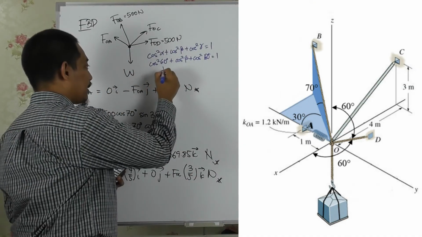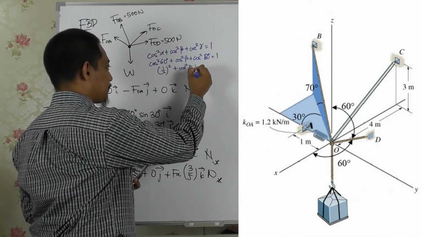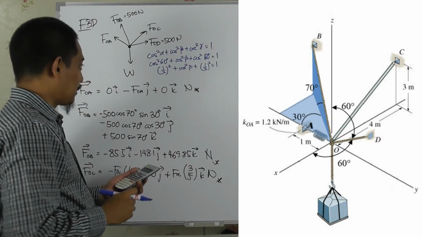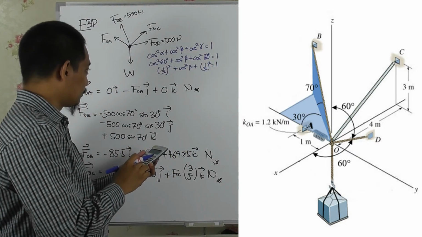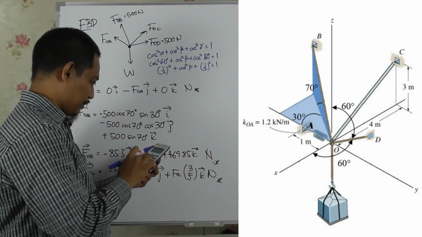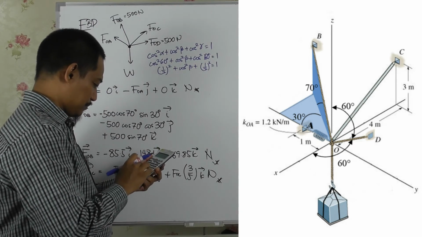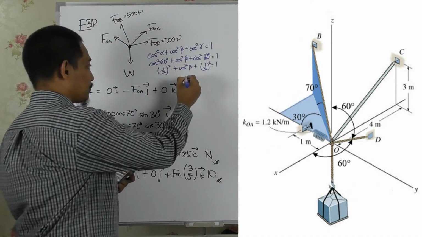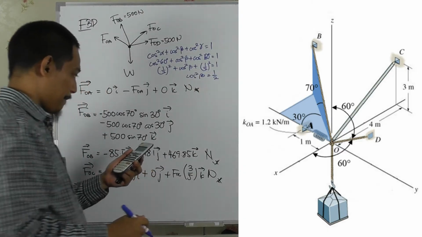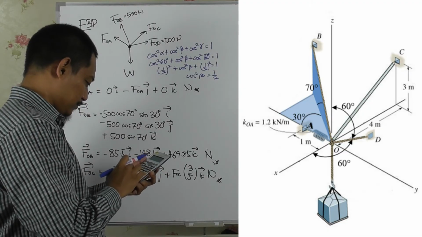So 0.5 squared plus cos squared beta plus 0.5 squared equals 1. So 1 minus the answer, cos squared beta is 1/2, so beta is the square root of 1/2.